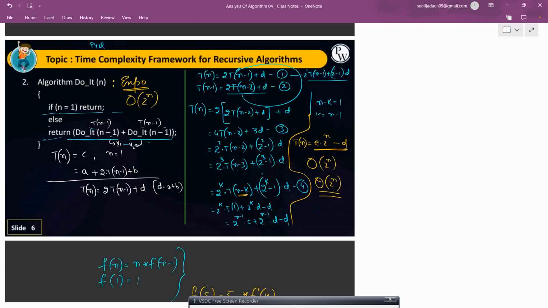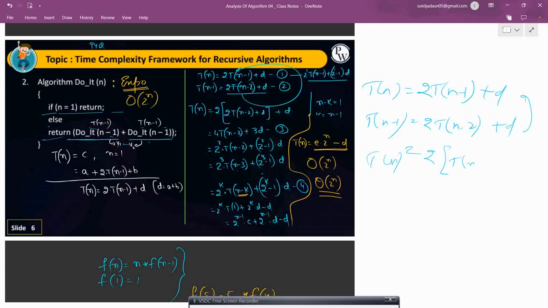So if the function is in the form T(n) is equal to 2 T(n minus 1) plus d, and we say T(n minus 1) again, then what? 2 T(n minus 2) plus d. We substitute it here, then what we get is T(n) is equal to 2 into T(n minus 2) plus d plus d here.